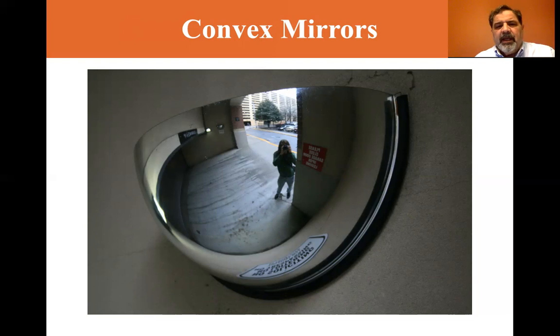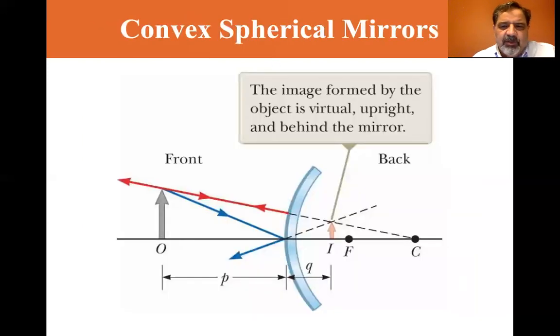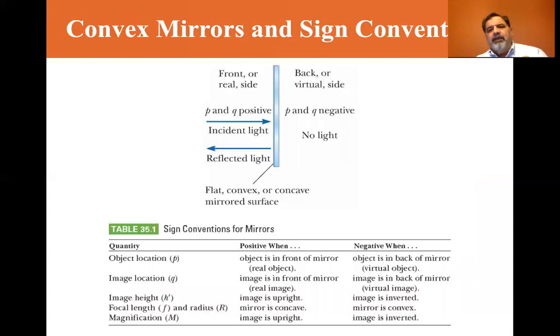Before we talk about adding a ray here, we just used two rays. We're going to add a third ray, but before we do that, on the front side of the reflecting surface, we're going to talk about P and Q, the object distance and the image distance being positive, the incident light and the reflected light.